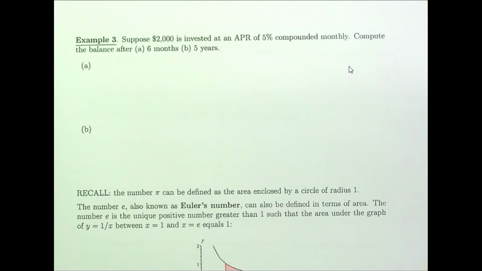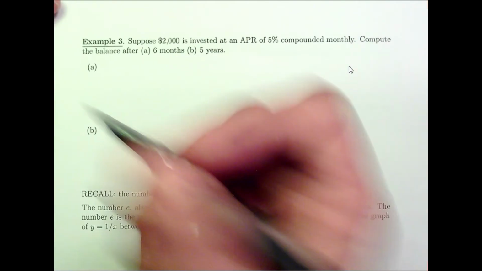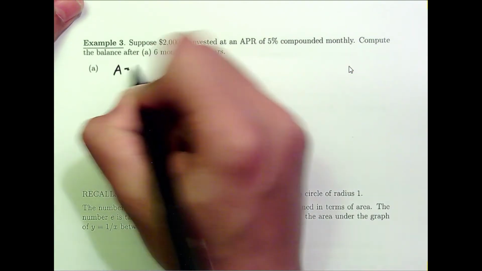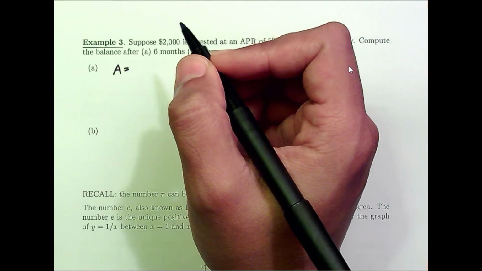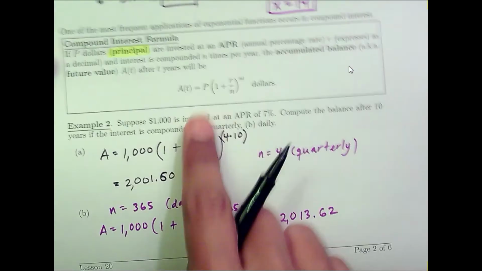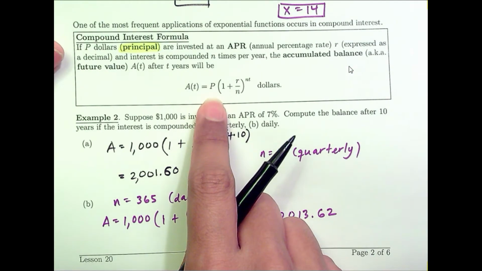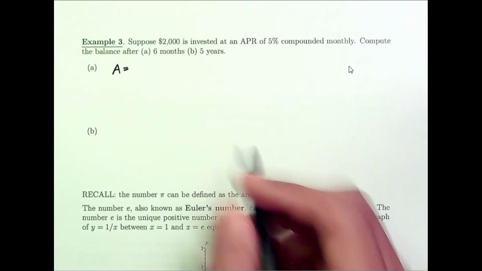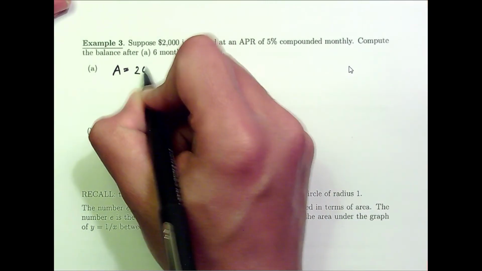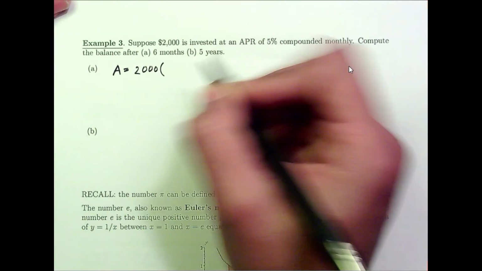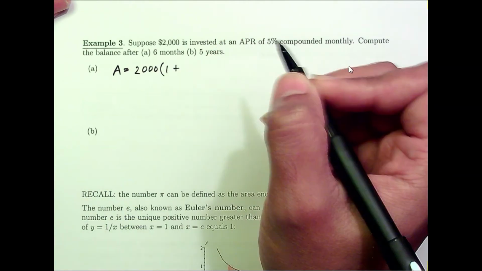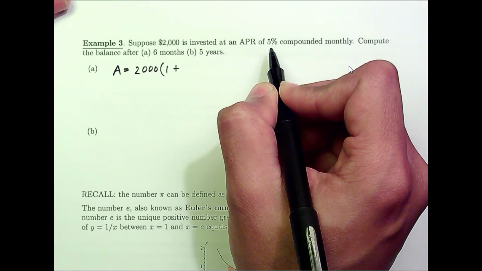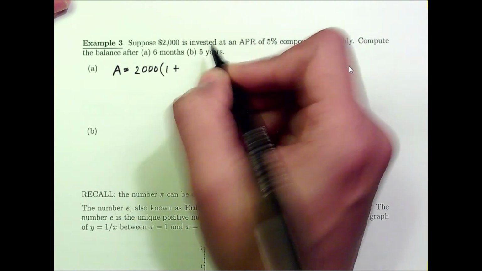But once you do it, okay, let's compare notes. Let's do it together. So this is going to be A equals, and I'm plugging in just in the formula, A equals P, the P is 2000, parentheses 1 plus r over n, the r is the rate, so it is 5%, but you enter it as a decimal.